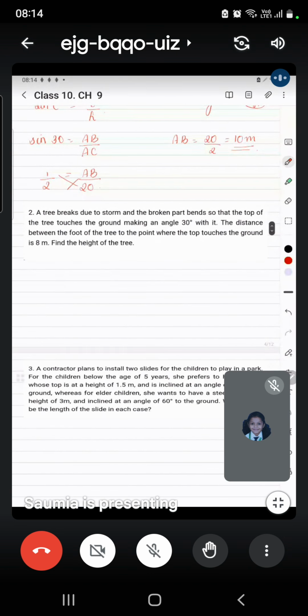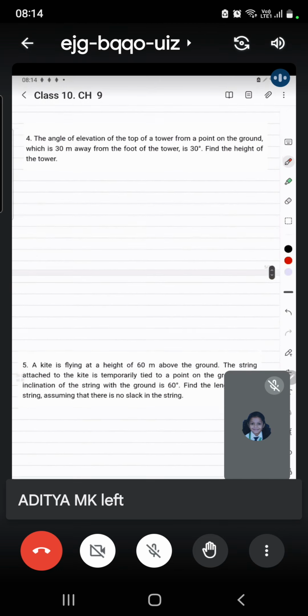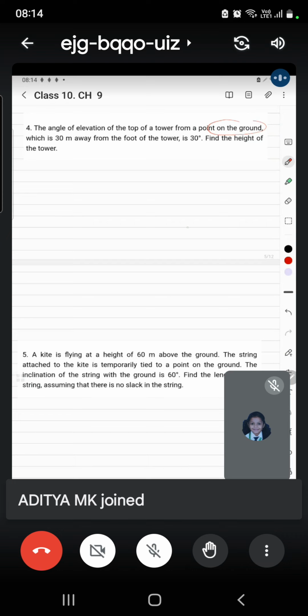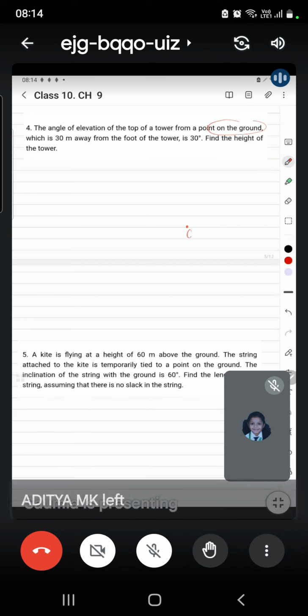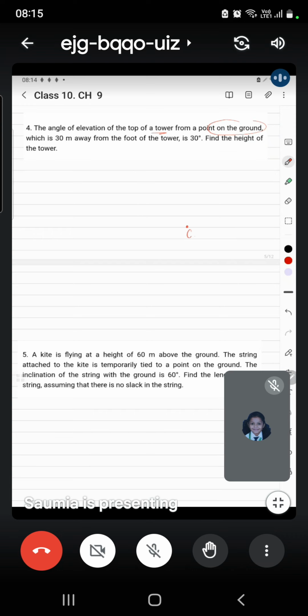Now, we'll do the fourth question. I'm doing the similar questions together so that you're able to understand better. The angle of elevation of the top of a tower from a point on the ground. That means there is a point on the ground. Let it be C. And from point C, you're looking at a tower.